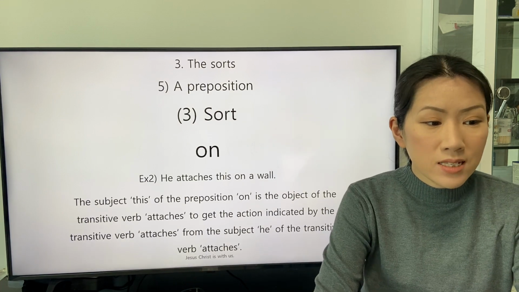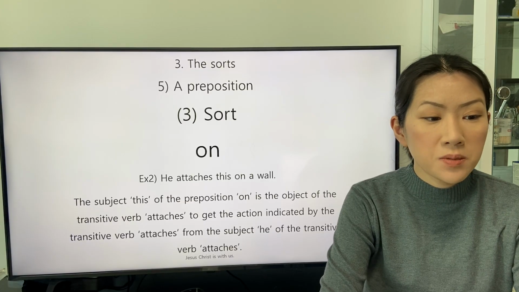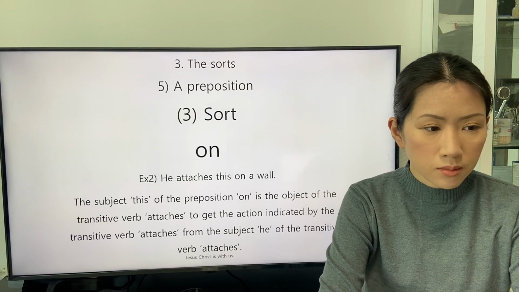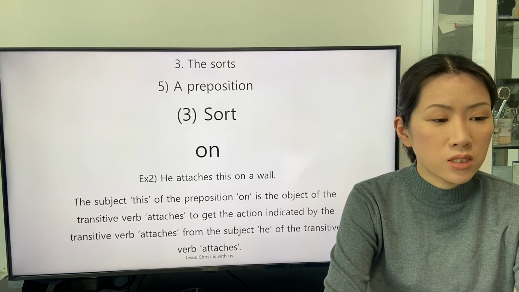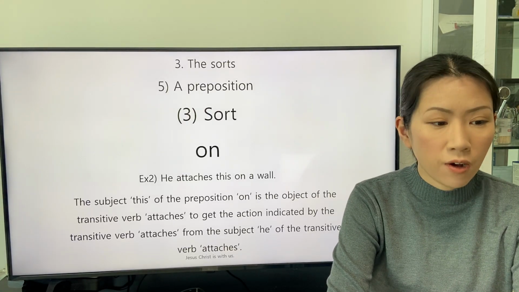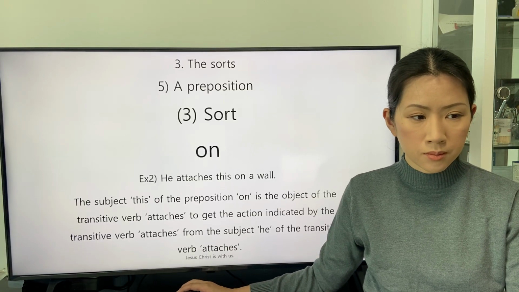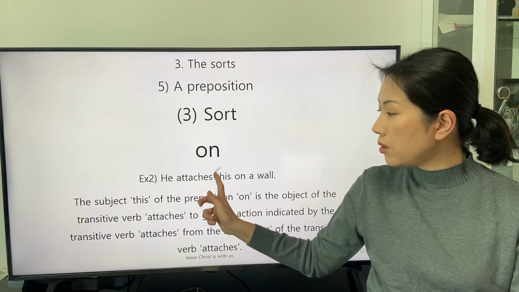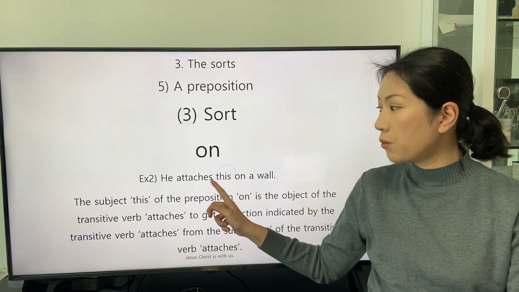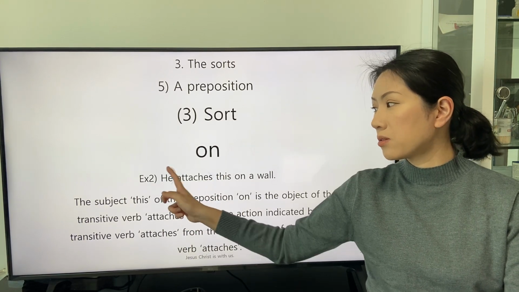The subject this of the preposition on is the object of the transitive verb attaches to get the action indicated by the transitive verb attaches from the subject he of the transitive verb attaches. The object indicated by the indicative pronoun this receives the definition of the transitive verb attaches from the subject he.